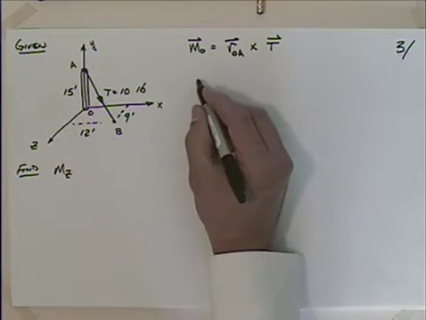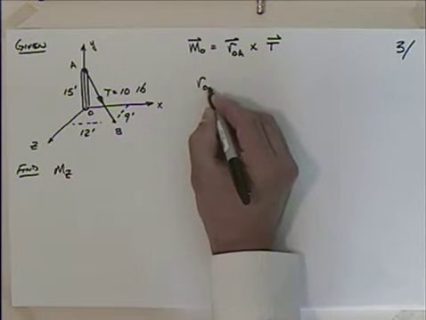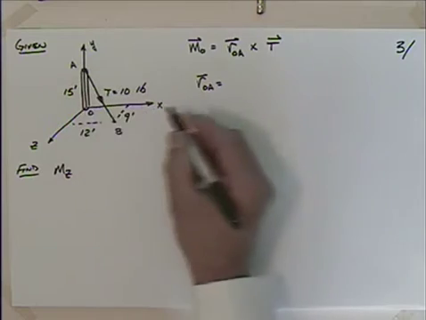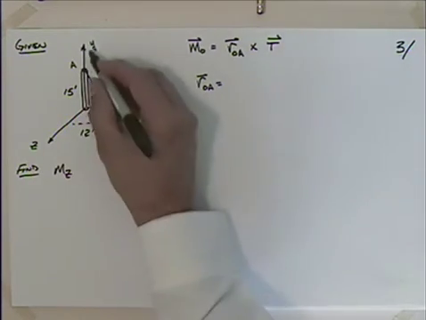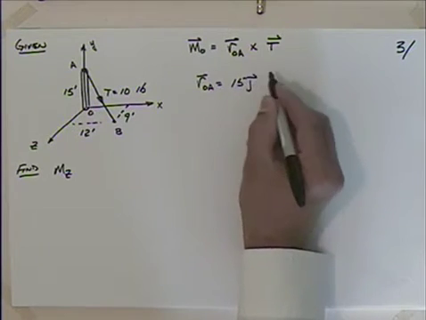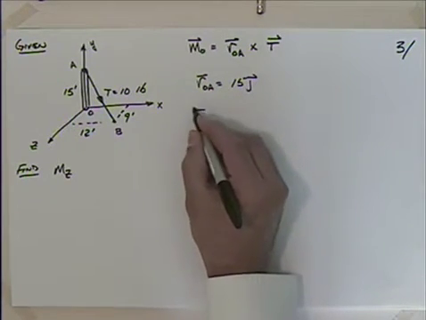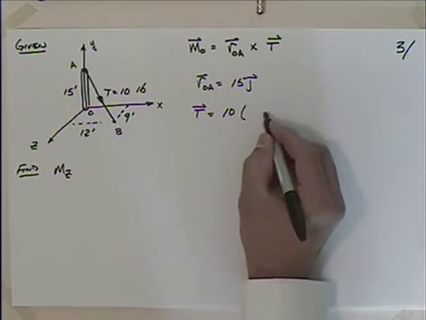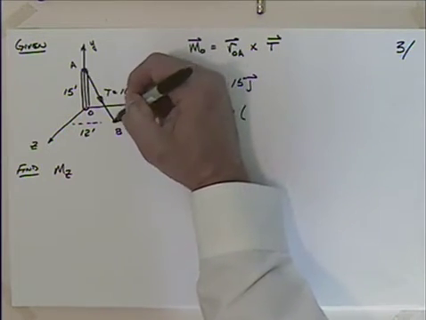So let's come up with the ingredients here, the pieces. R from O to A is going to be what? I just go 15 in the J direction, because J is the Y direction, so I'm going to say 15 in the J direction. And then if I look at T, I know it's the magnitude of T, which we were told was 10 pounds. Then the position vector, how do I get from A to B?